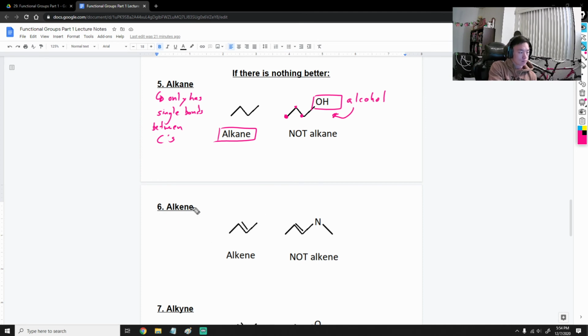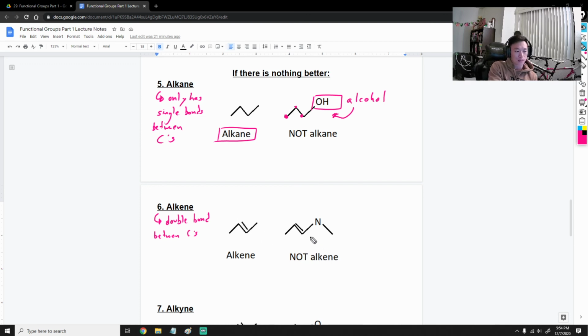Okay, so another functional group that is kind of like a consolation one that we use when there's nothing else is called alkenes. And we call something an alkene if there is a double bond between carbons. So this one right here would be an alkene because the only interesting thing to look at is going to be the double bond between the carbons.